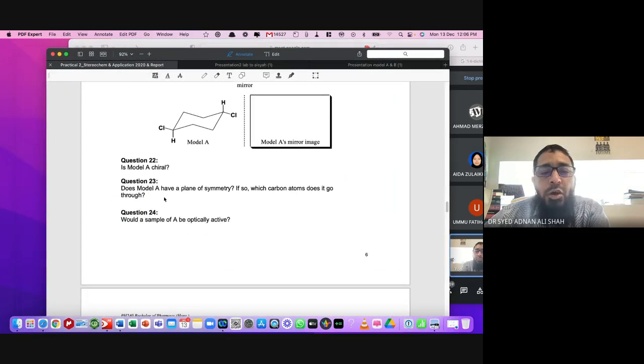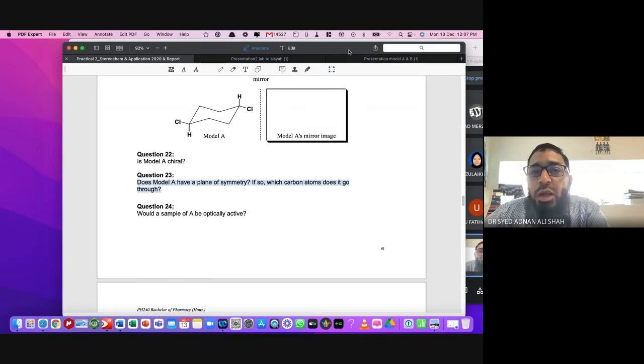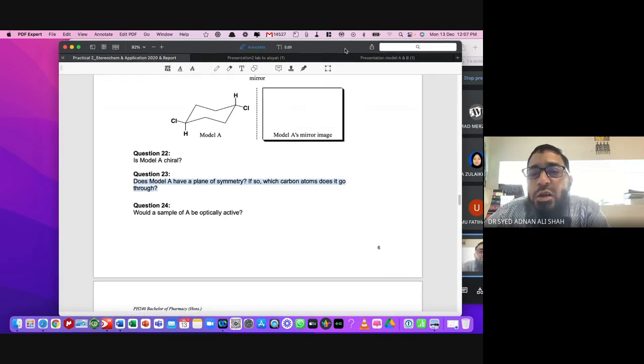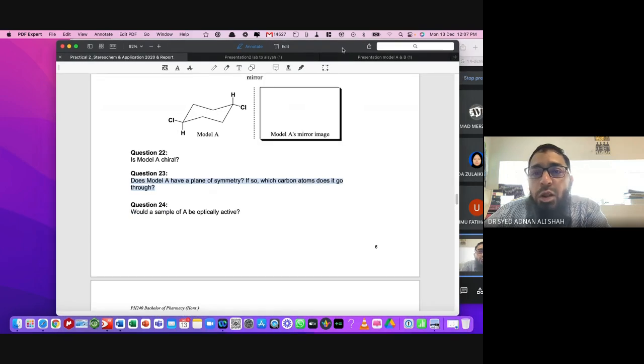So, does the molecule have a plane of symmetry? Yes, this molecule has a plane of symmetry. If there is a plane of symmetry, the molecule as a whole is achiral, so it will not rotate the plane of polarized light.